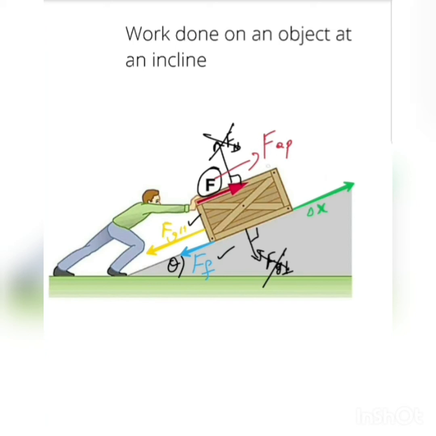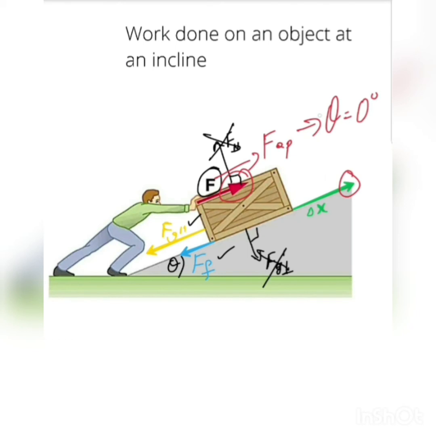So let's start with the applied force. This object is being pushed upwards along the slope. Then it means it is going to move upwards along the slope, and the applied force in this case is in the same direction as the displacement, meaning the angle between the applied force and the displacement is 0 degrees.